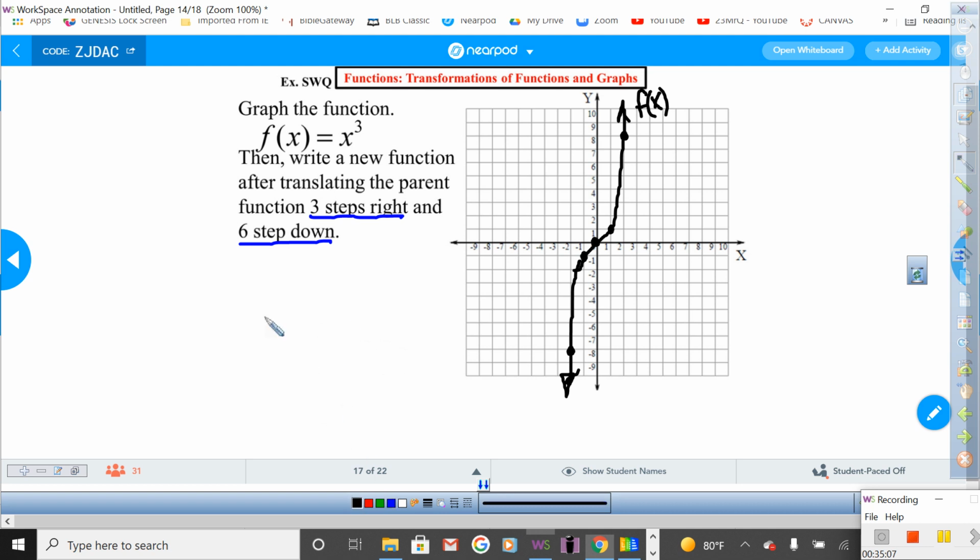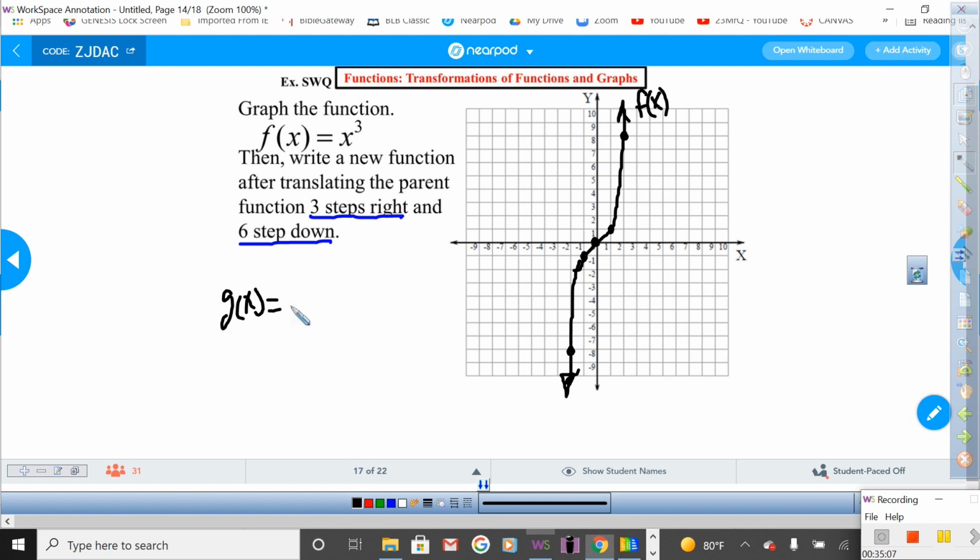Alright, so you never let them know what you're going to write for your transform function. Alright, let's see.